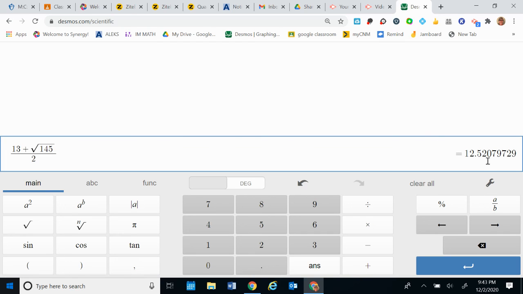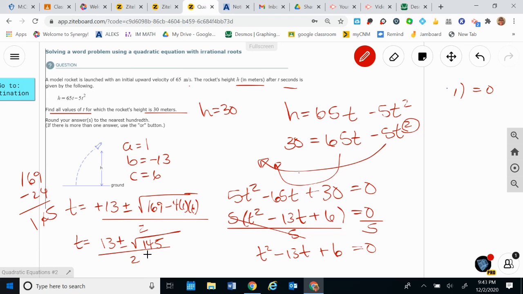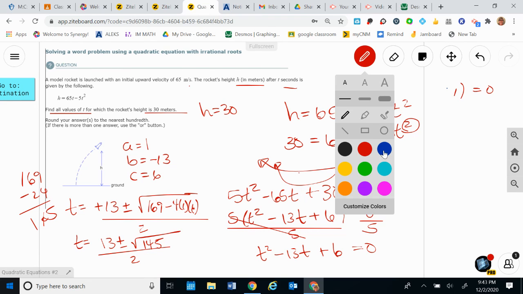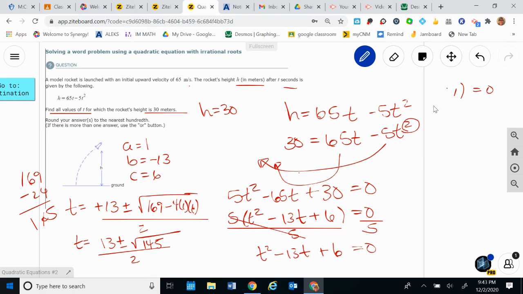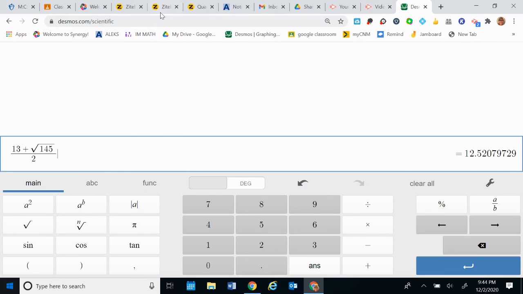Okay, so you can see that I got 12.52 seconds. That's one of them. That's the positive one. I'm so sorry for writing this all over the place, you guys. Just trust this. You keep working down and I'm working over here. So t equals 13 plus the square root of 145 over 2 is equal to 12.52.